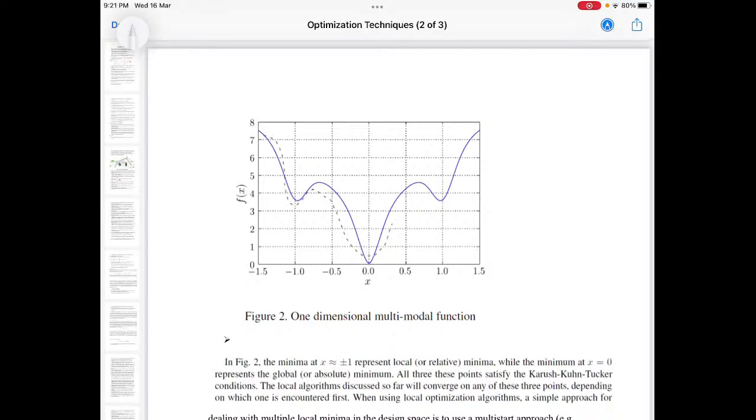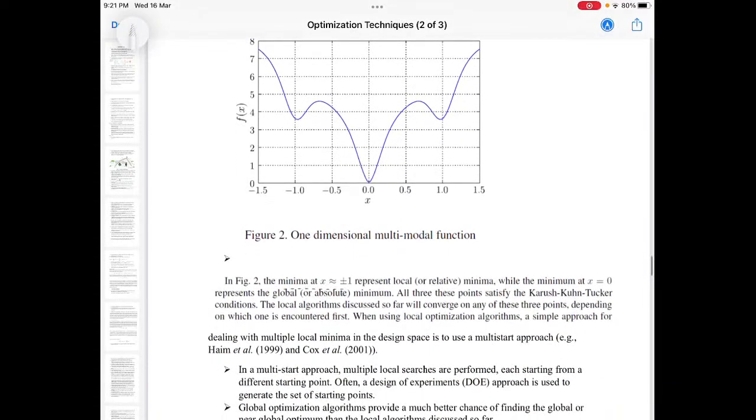This is the shape of the plot, and you can see that there are minima at x equal to plus or minus 1.